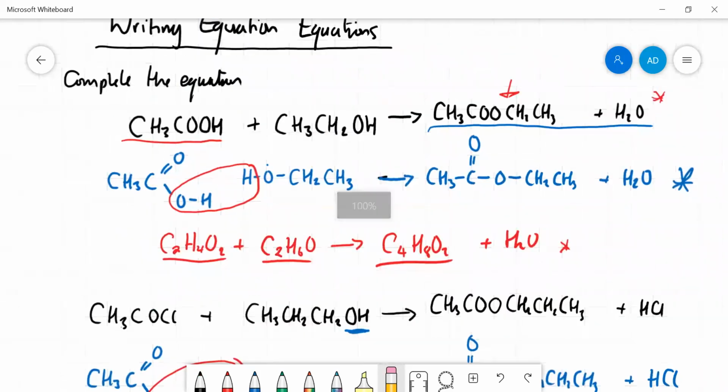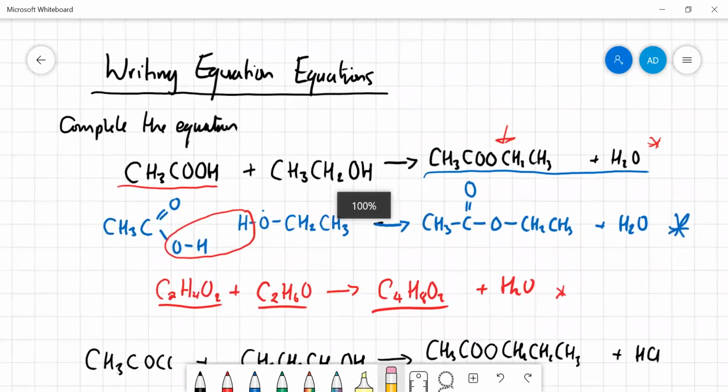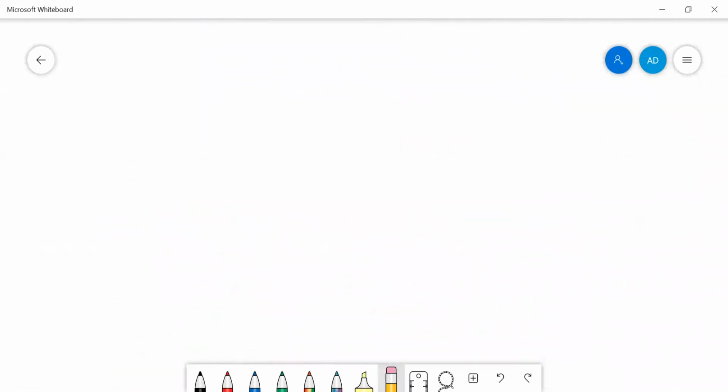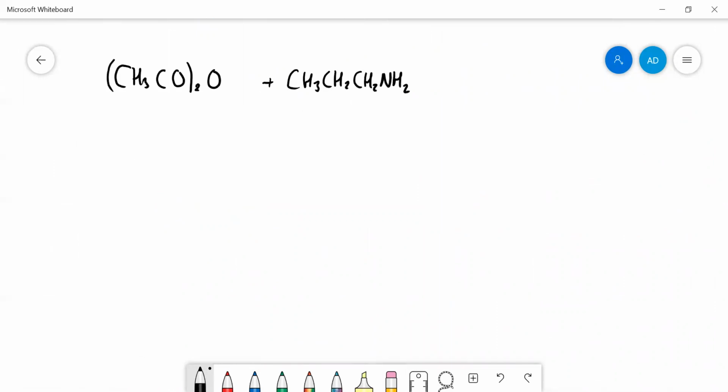Okay, so all right, so we've got this stuff, CH3CO, and now this is definitely much more confusing, and quite often people don't realize even what this is.